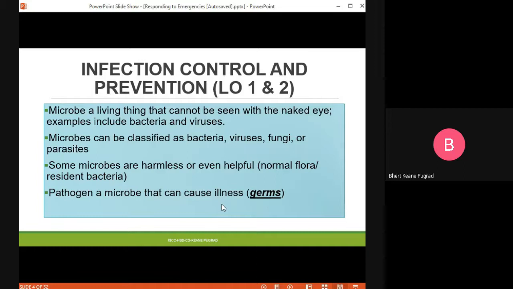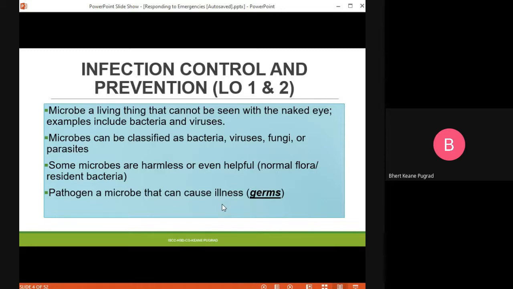The other terms for these helpful microbes are resident bacteria or normal flora. For example, we have normal flora in our skin. We also have normal flora in our stomach, in our GIT, that helps us in digestion.